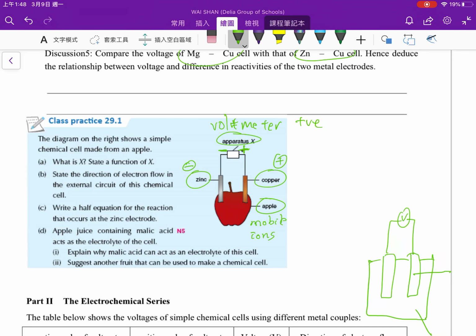So zinc is the negative electrode, and it makes sense with what we have learned before, because zinc is more reactive than copper, so zinc will lose its electrons more readily. The electrons come out from zinc, pass through the voltmeter, and then go back through copper to the electrolyte. This is what we have learned.